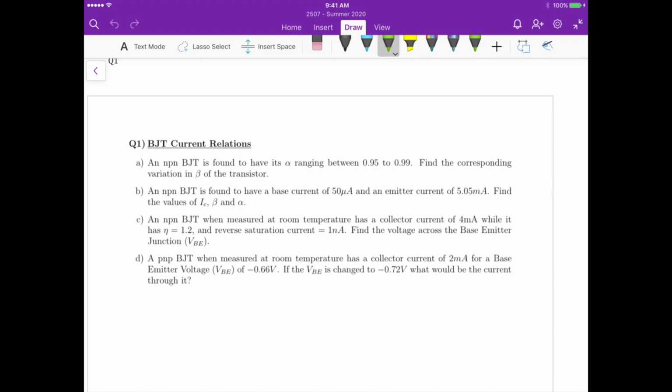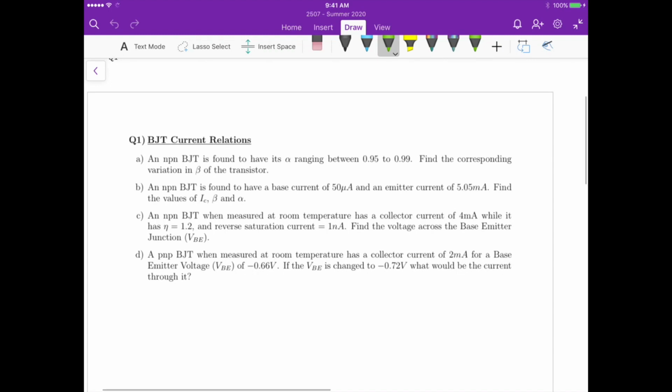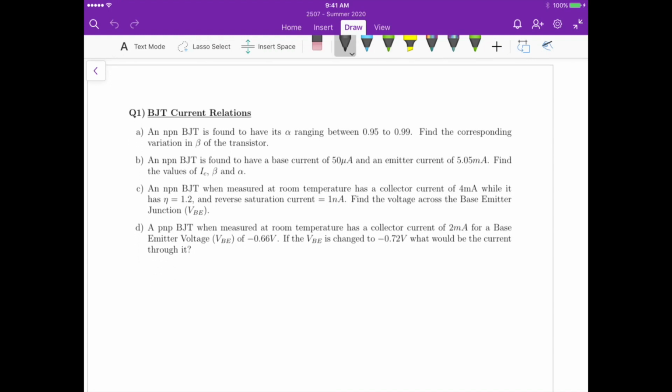So for part A, we have an NPN BJT found to have its alpha ranging between 0.95 to 0.99, and we need to find the corresponding variation for beta of this transistor. We know that beta is equal to alpha divided by 1 minus alpha, right?